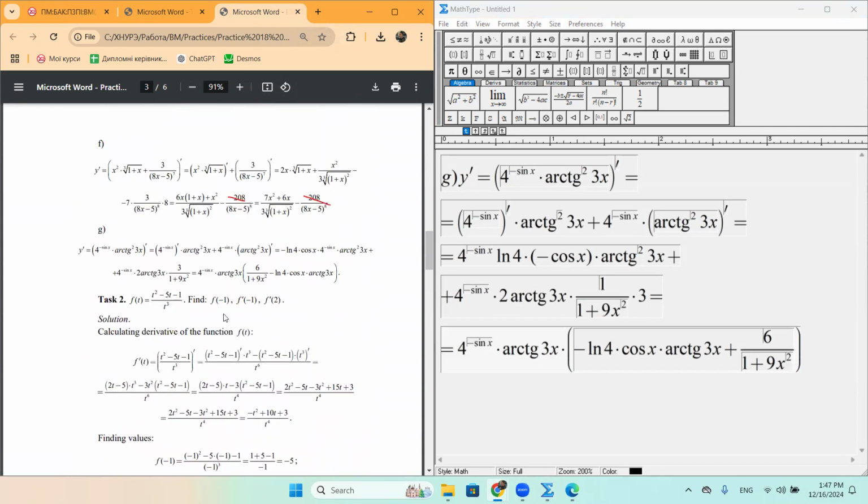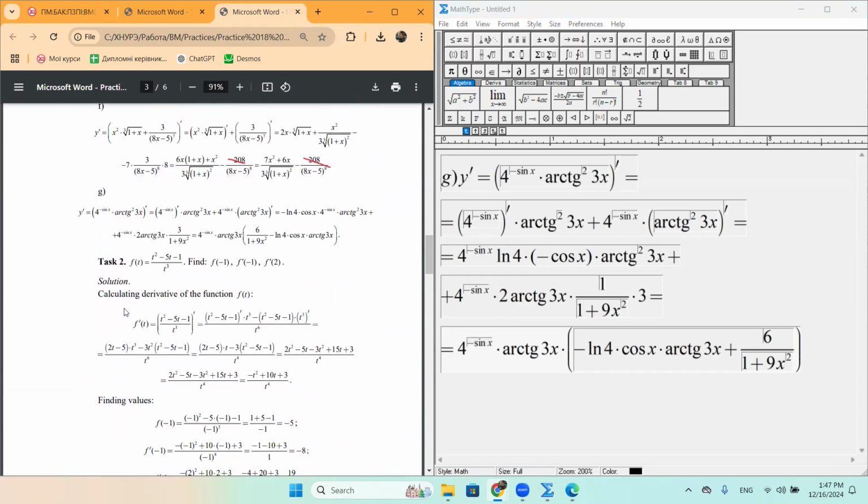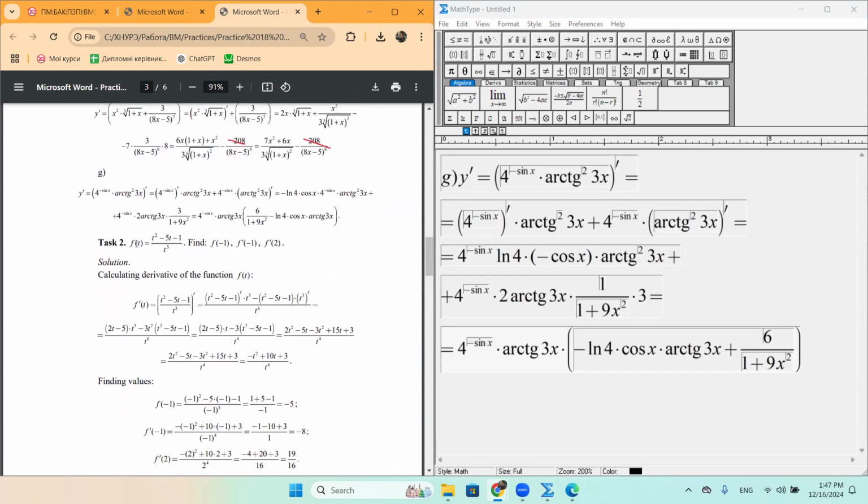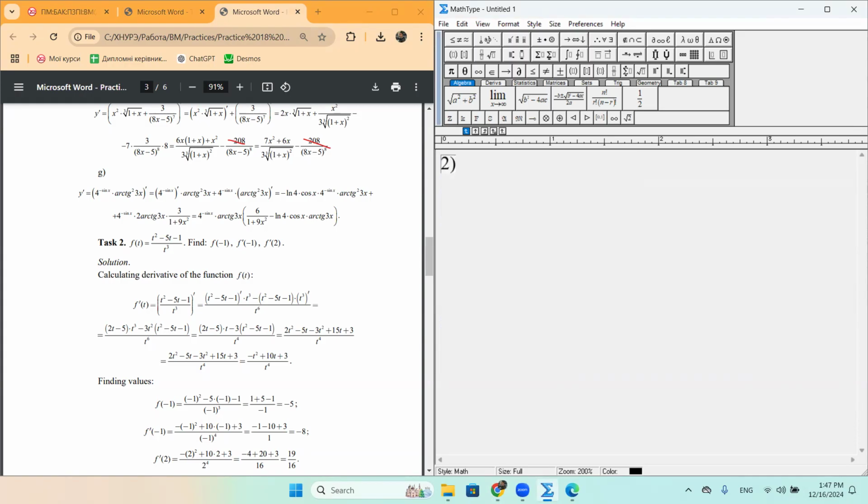Okay. So the next task is basically the same. We have a function, and we need to calculate its values at some points and the derivatives of this function at some points. So now we differentiate it.